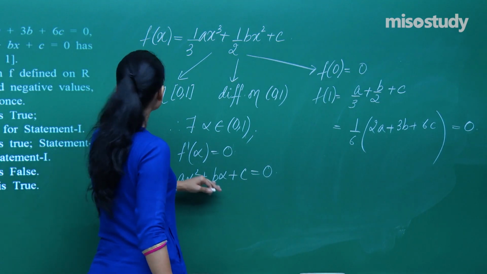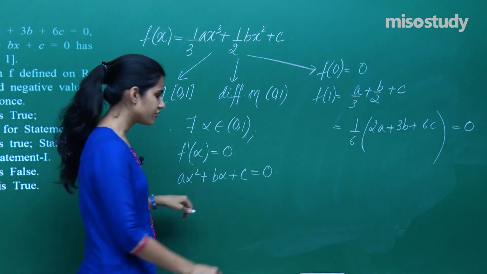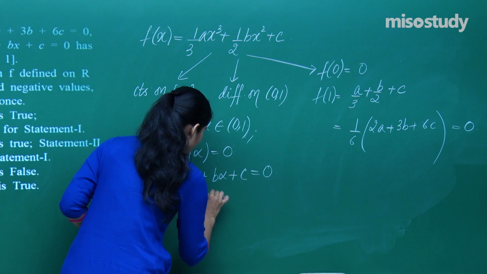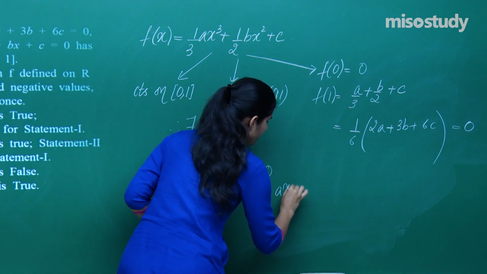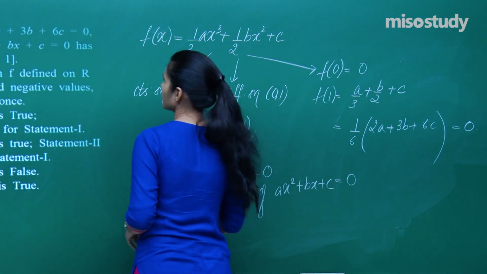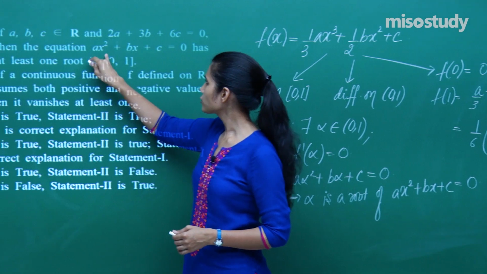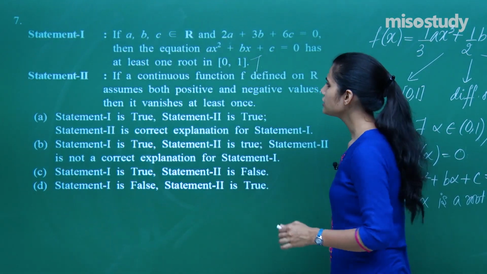But ax square plus bx plus c is the equation given to you. That means alpha is satisfying that equation, which implies alpha is a root of ax square plus bx plus c equals 0. So yes, in the 0, 1 interval, ax square plus bx plus c definitely has a root. So this statement is true.